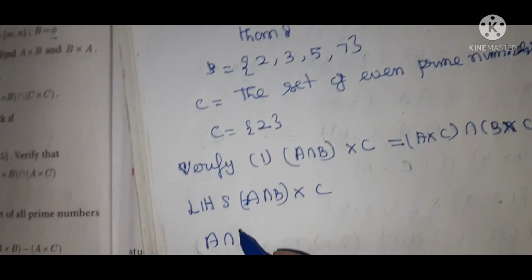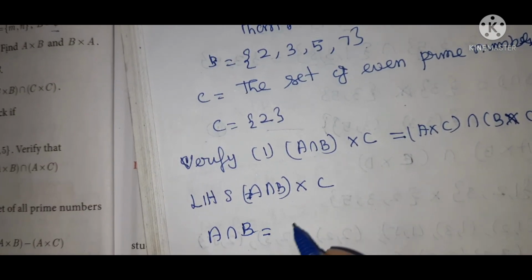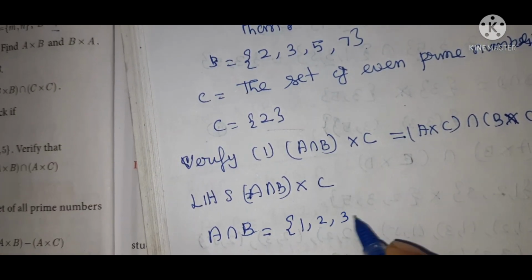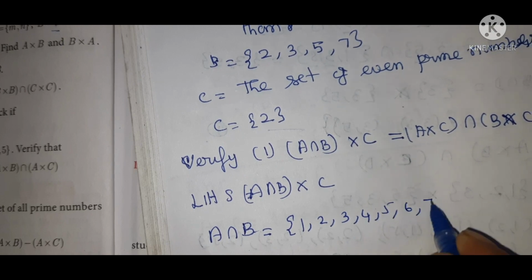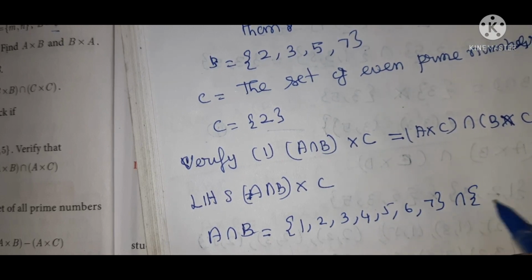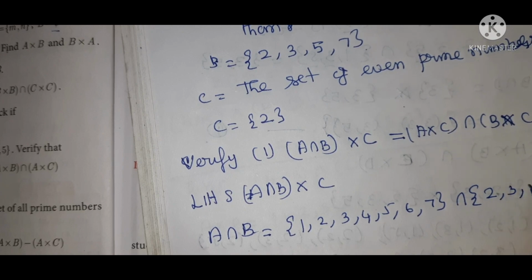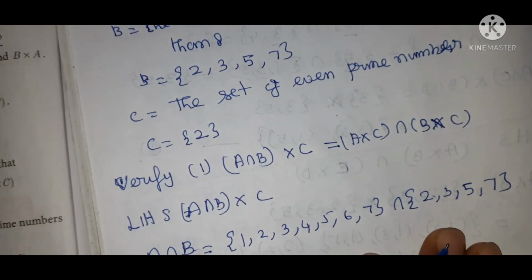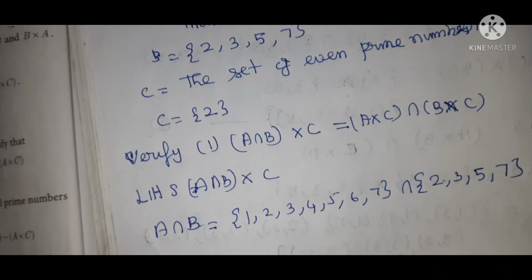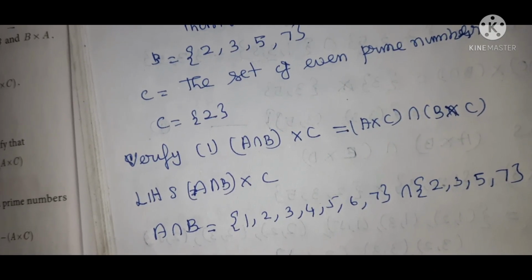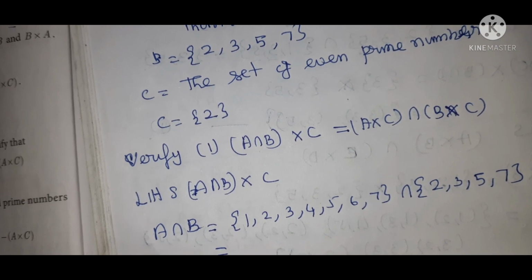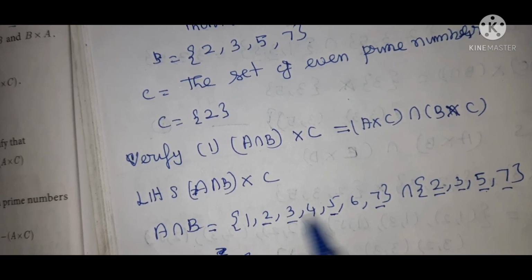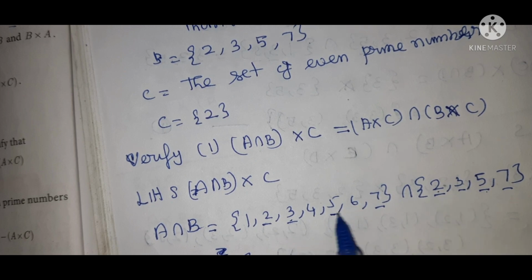A intersection B: A is 1, 2, 3, 4, 5, 6, 7, and B is 2, 3, 5, 7, so A intersection B is 2, 3, 5, 7.